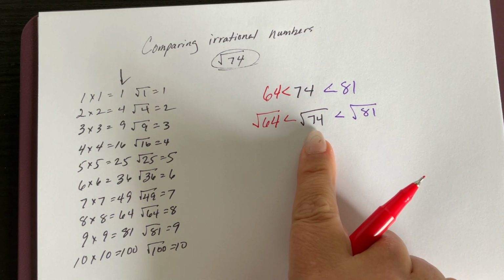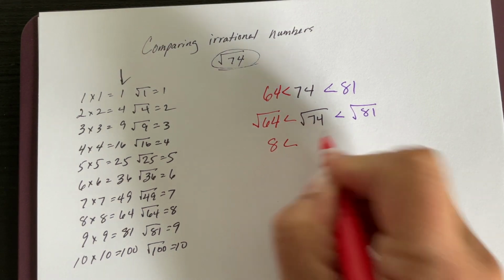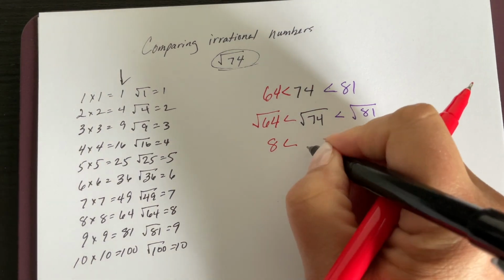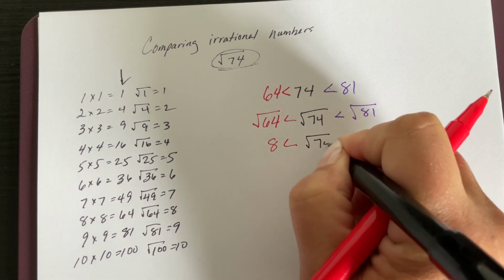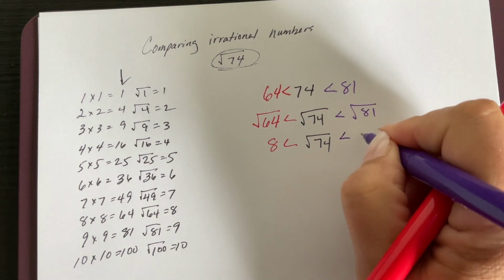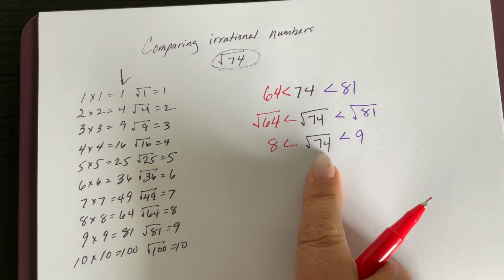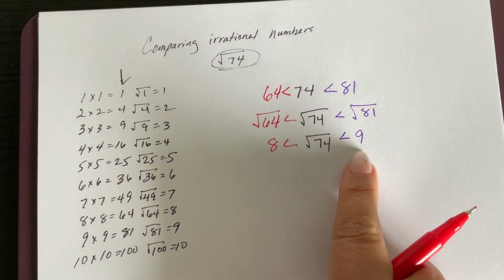So the square root of 74 is between the square root of 64, which we know is 8. We don't know what this is yet. We're going to be approximating it. And then we know that the square root of 81 is 9. So I know the square root of 74 is somewhere between 8 and 9.